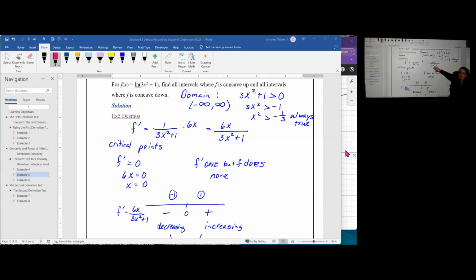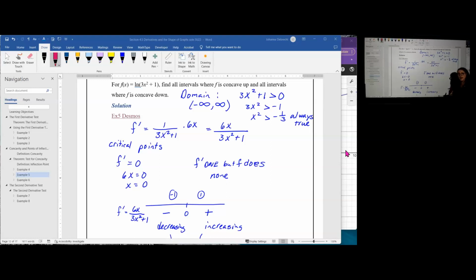The denominator is never 0 because something squared at a minimum is 0. When I add 1, it never reaches the value of 0. So there are none coming from the second case. In the first case, the numerator equal to 0 gives me x equals 0 as a critical point.